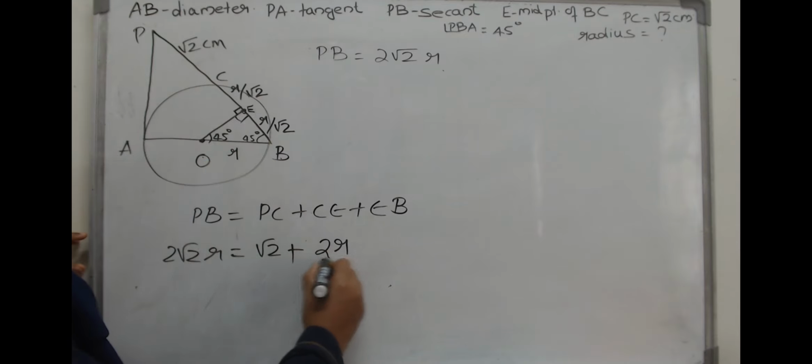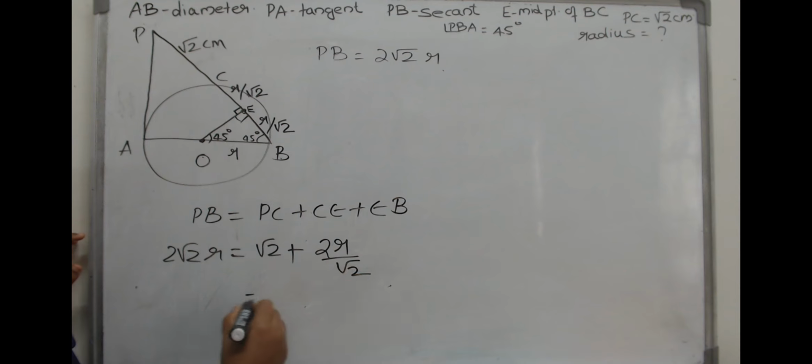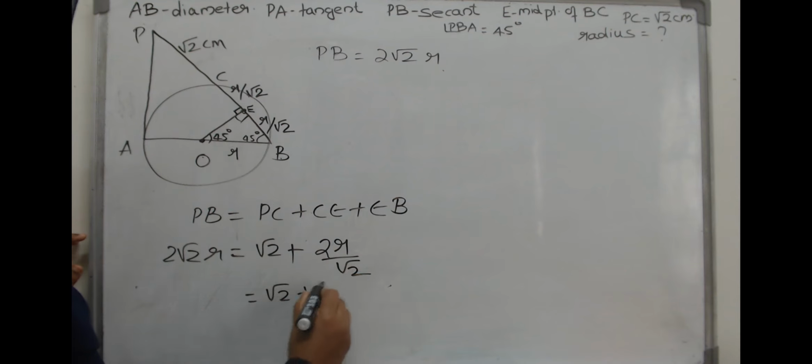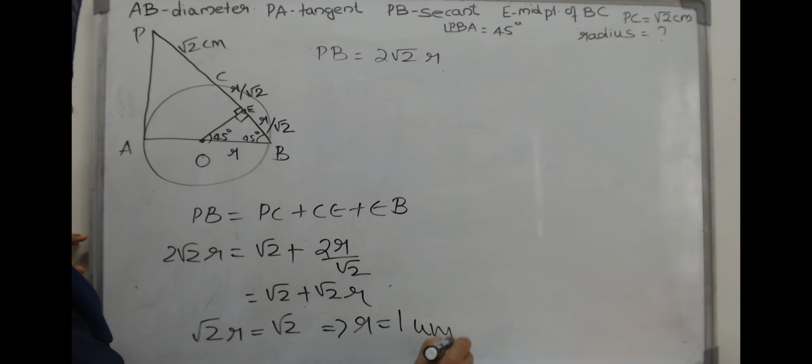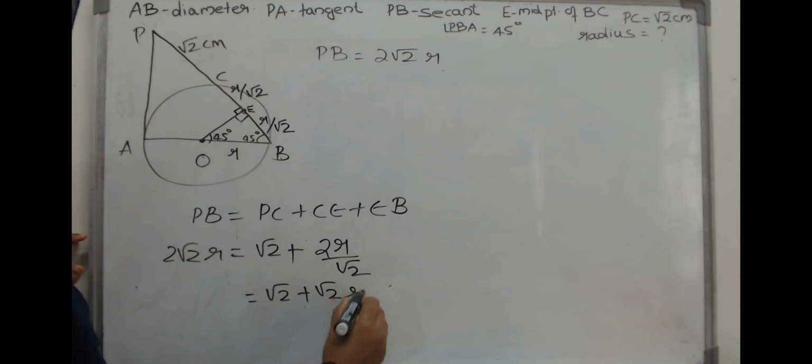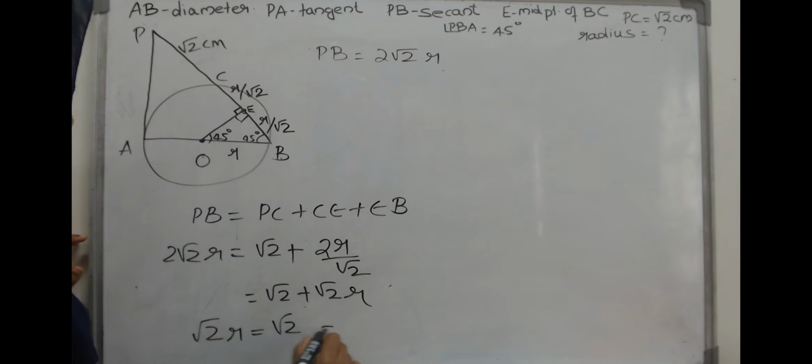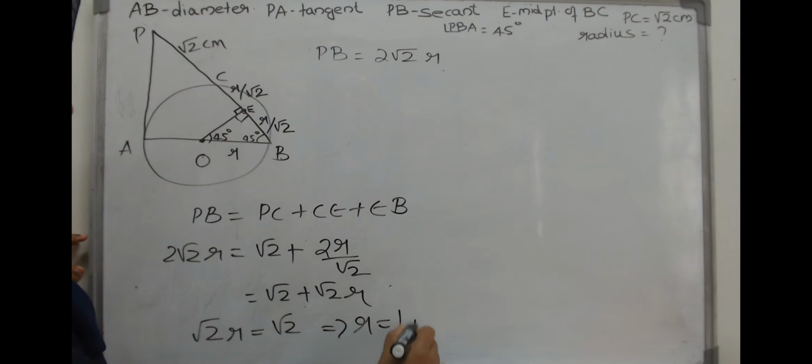You will get 2 times r by root 2, which means root 2 r. So your answer is this. r is just 1 unit, 1 centimeter.